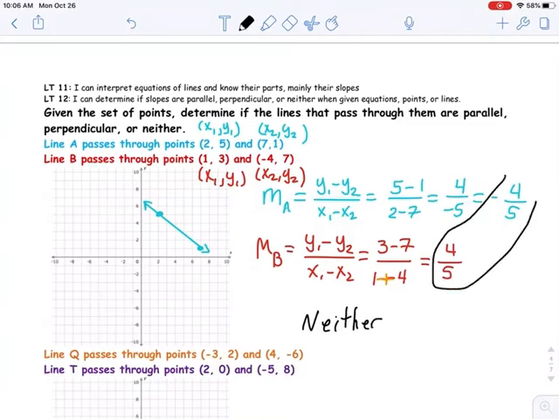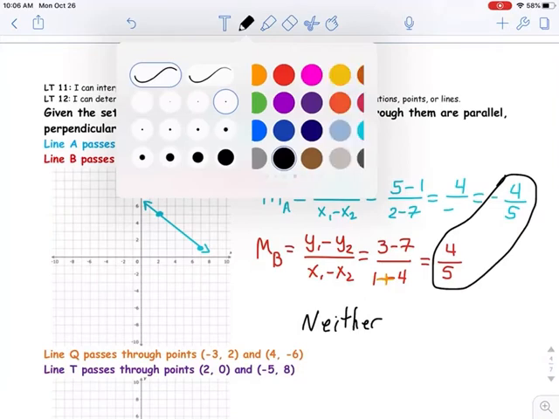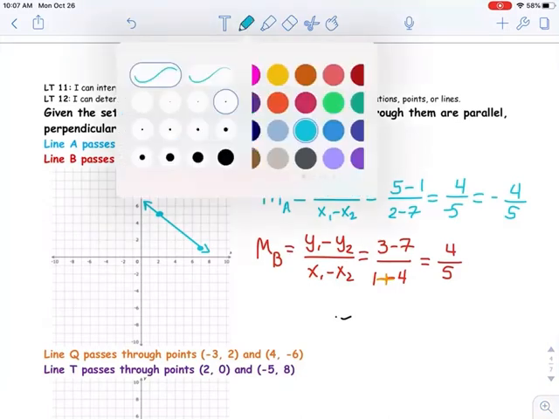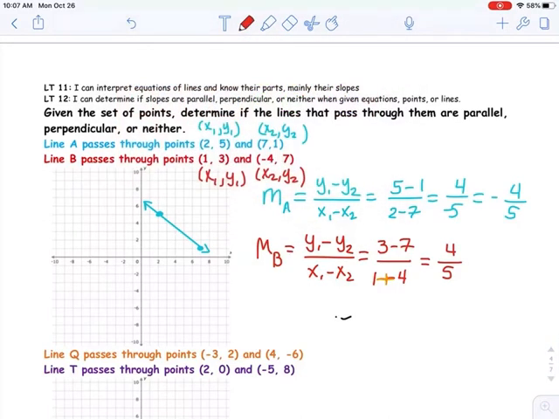Although they change signs, actually, hold on. I'm brain farting again. Geez, I need fired. You guys need to throw your iPad and say this is stupid. I'm so embarrassed. Negative 3 minus 7, that should be a negative 4/5.